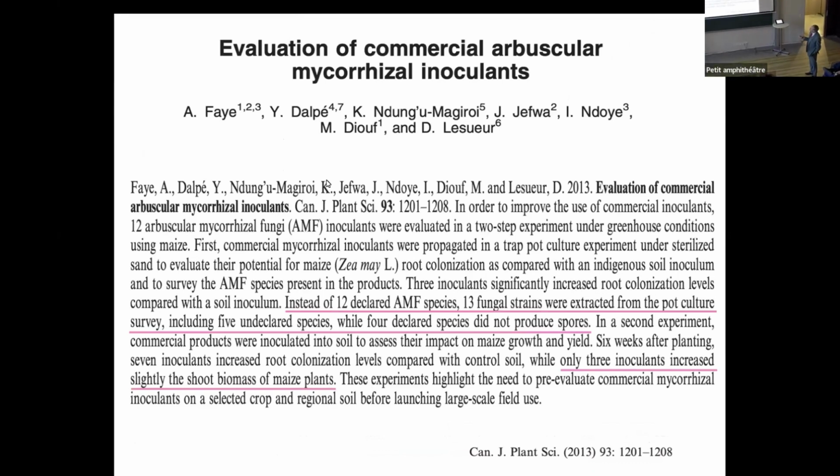It's a Canadian team that is very well known to have some very good mycologists, and they discovered funny things. They were using a set of products that had 12 species declared, and what they found is that in the whole trial, they found 5 species that were not declared, and 4 declared species were not visible because they were not able to recover the evidence, the spores, that they were there.